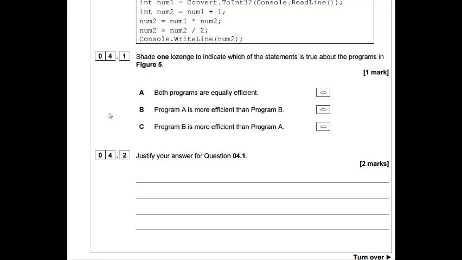Or you can say the number of calculations performed is constant in program B, but it's going to increase as the number input gets bigger in program A. They will also accept program B has fewer variables, so it's going to use less memory when executing, which is also fine.